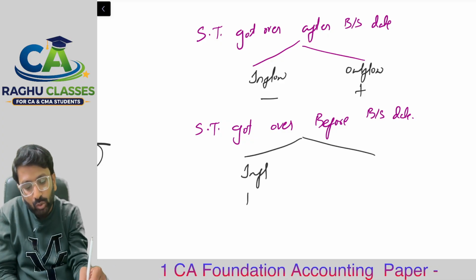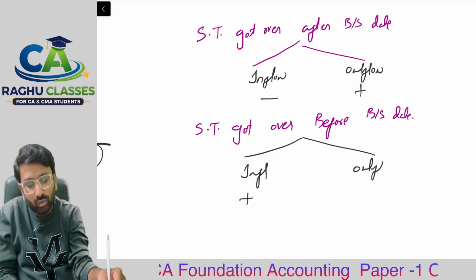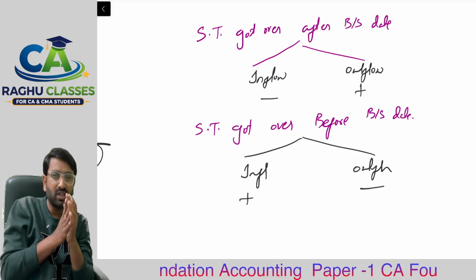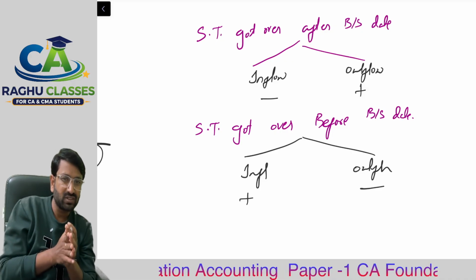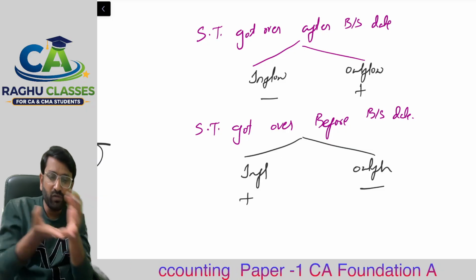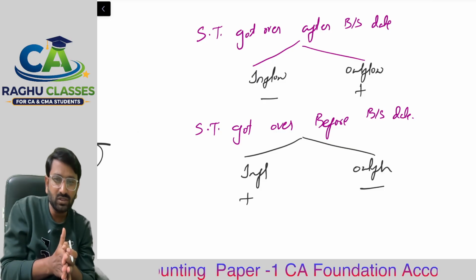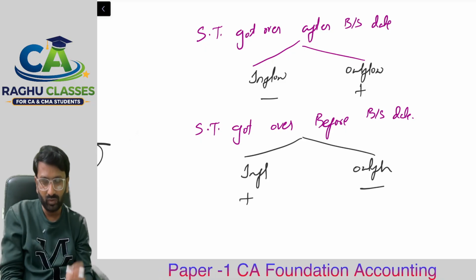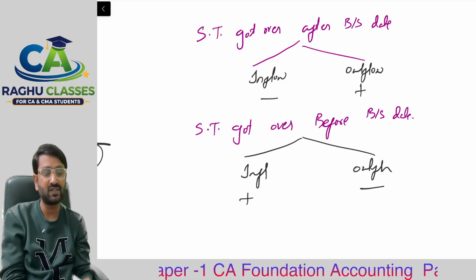Any inflows, I'm going to add; any outflows, we're going to minus. So the point you need to keep in mind: stock taking means physically counting the stock. Sometimes it may get over after the balance sheet, sometimes before. But our focus is to find out, on the balance sheet date, how much it is. This is one concept that you need to understand.